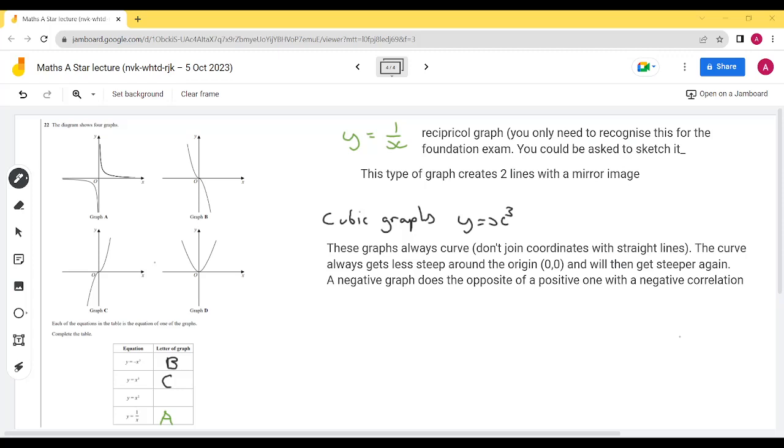And that leaves us with x squared, the one left, which is graph D. So we're going to call it quadratic graphs.